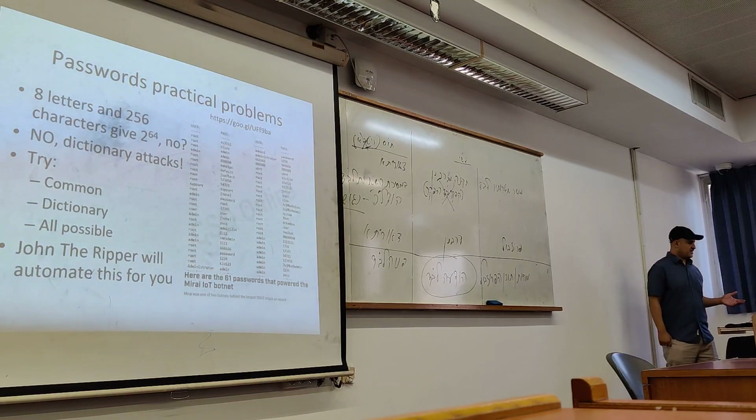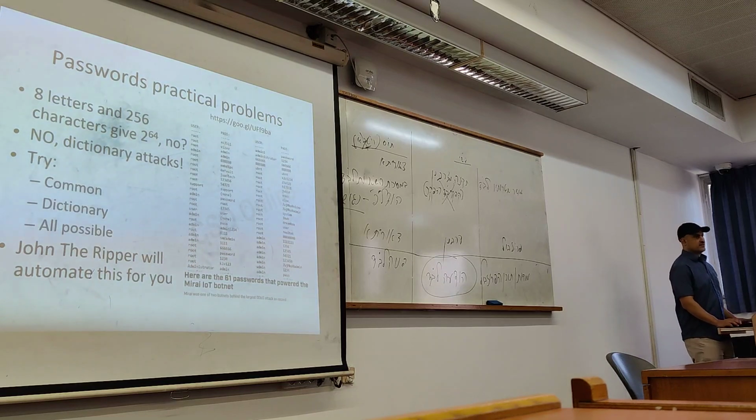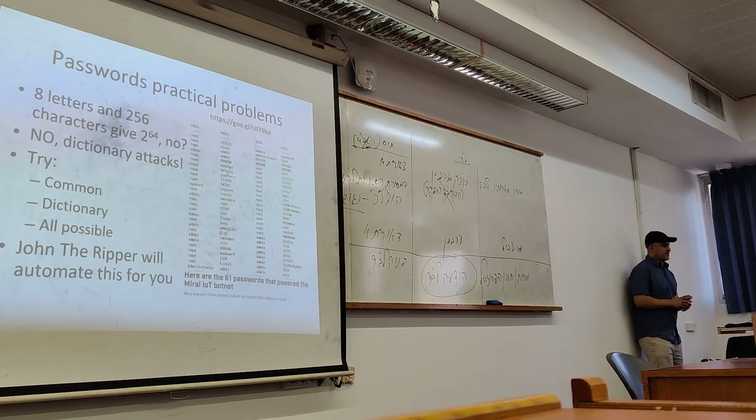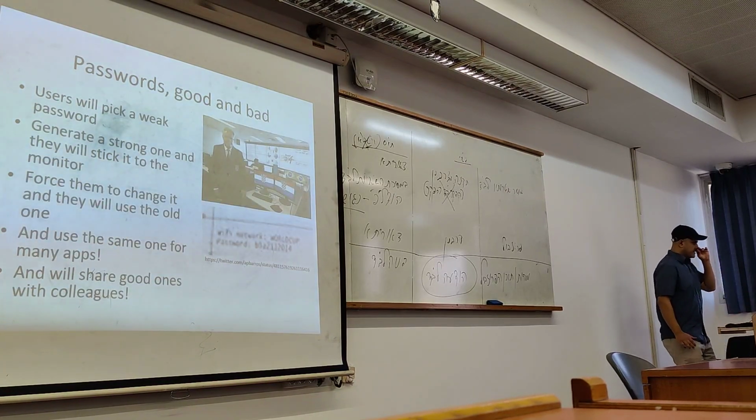It's a highly popular cracker, and in exercise 5, you are going to use it and crack some passwords. John the Ripper is an automated cracker, and it runs dictionary attacks. Have fun. Okay, so you can see it's very easy.